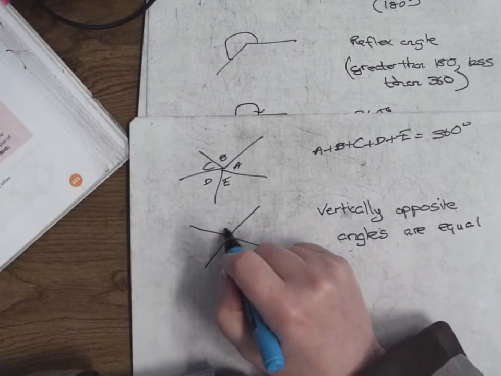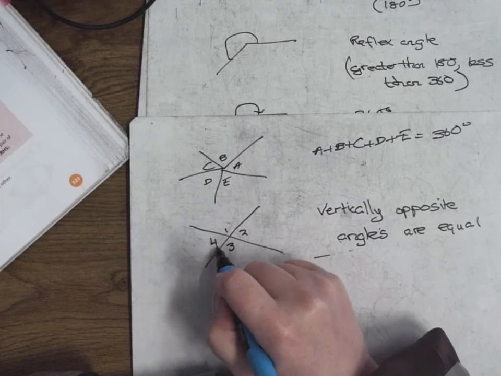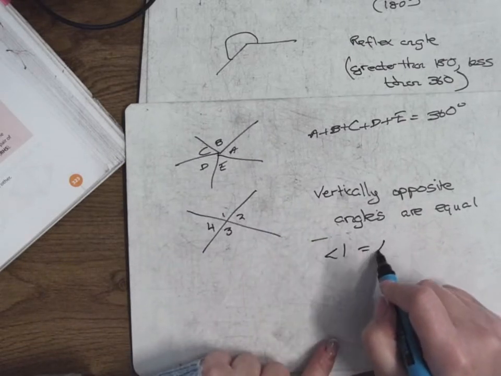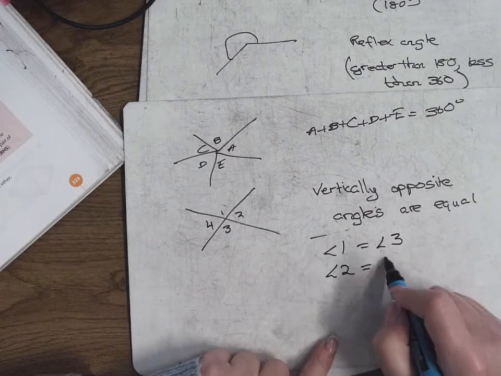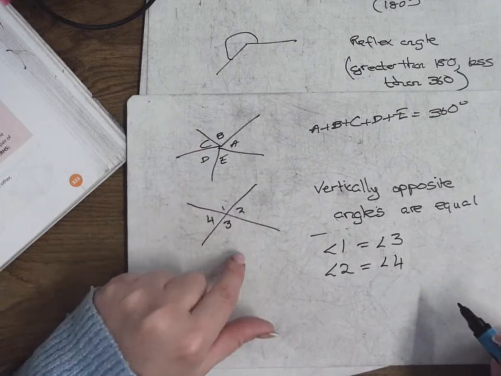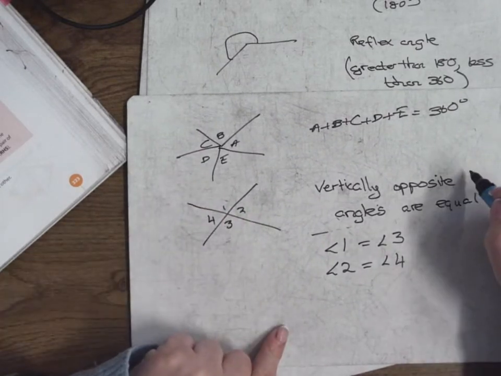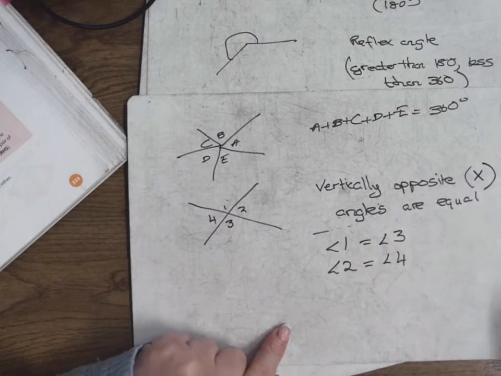So if I say 1, 2, 3, 4, angle 1 equals angle 3, and angle 2 equals angle 4. The ones straight across from each other are equal, and you have to have an X. So I'm just going to put an X in brackets there.